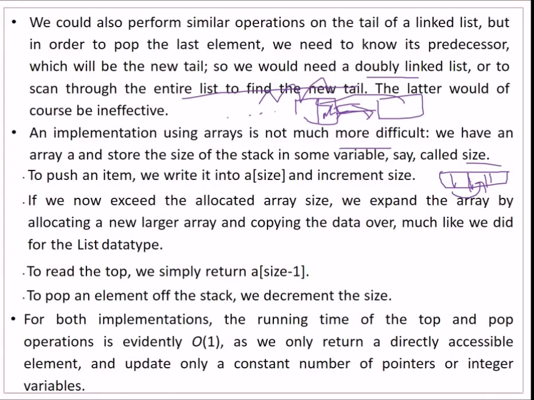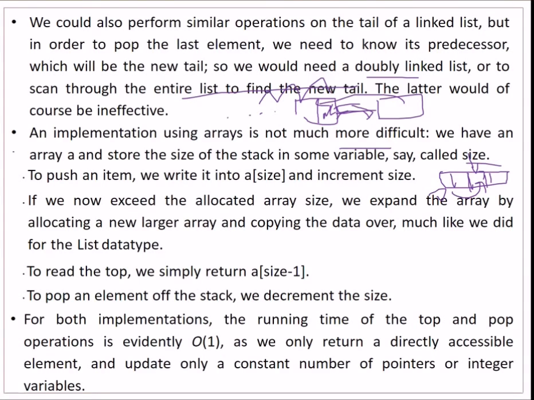And if we now exceed the allocated array size, we expand the array by allocating a new larger array and copying the data over, like the previous discussion of list we took. And to read the top, we use A at size minus 1, because we are starting from 0, so the latest one we will pick up.